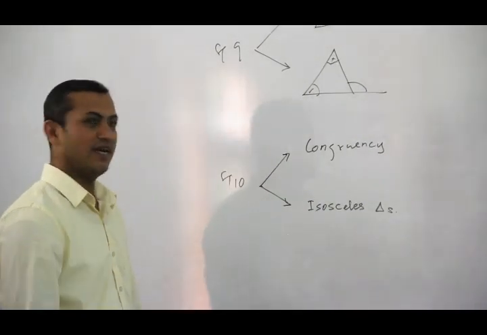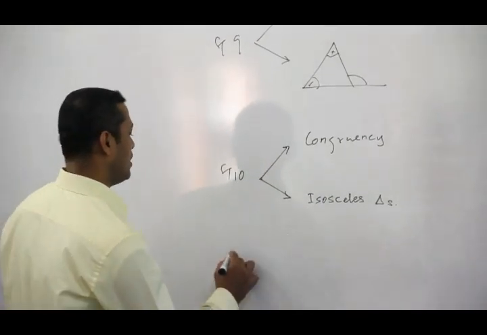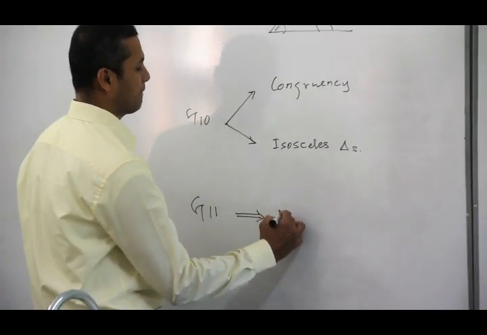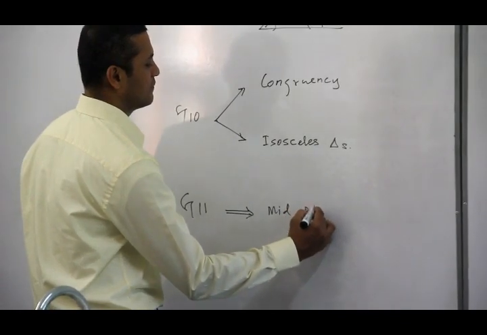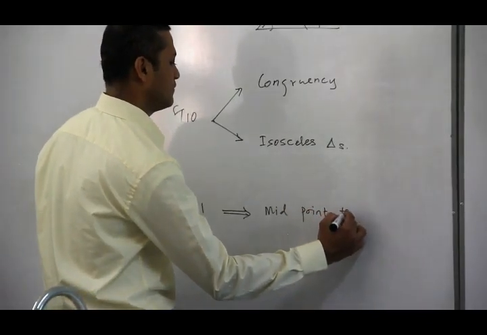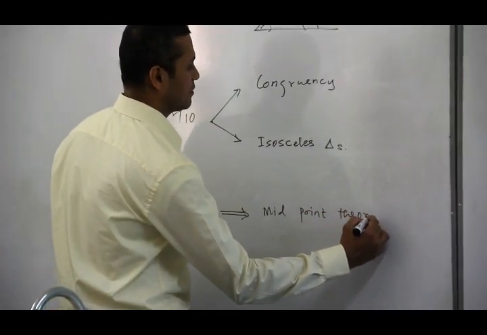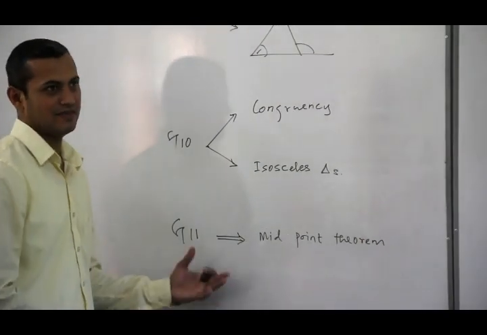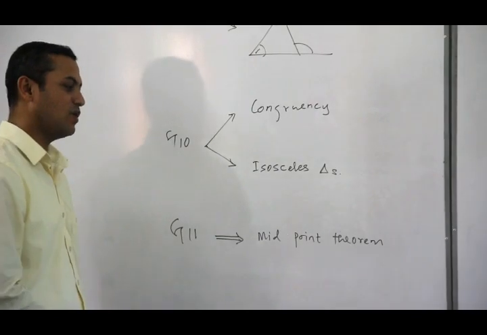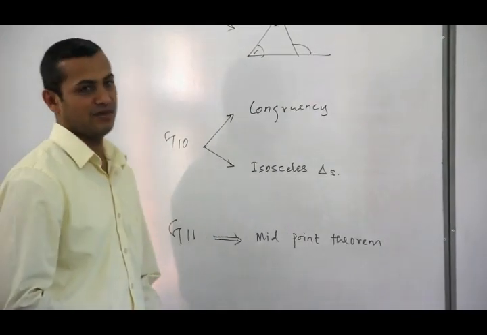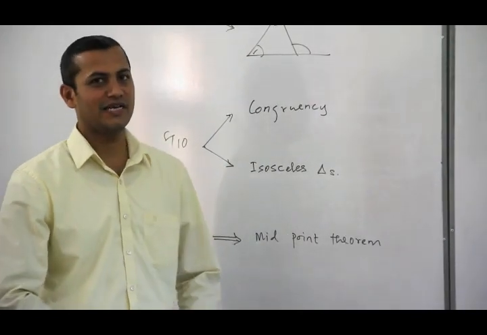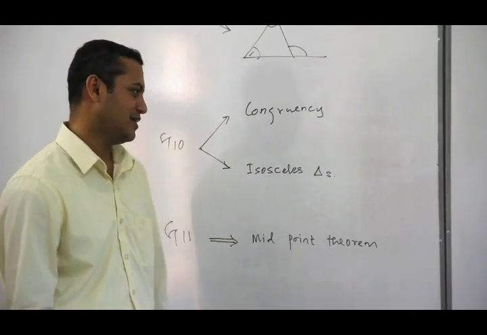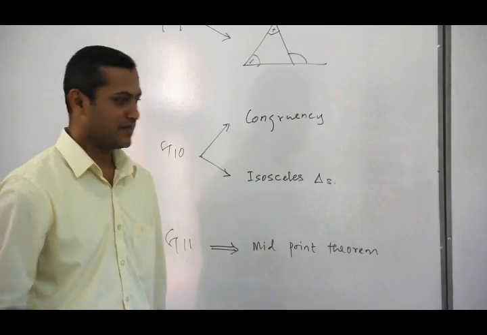What we are going to do in grade 11 is to study about the midpoint theorem. And another unit is about the similarity of triangles, or we call it equiangular triangles. Okay, equiangular triangles. And we'll see what they are.